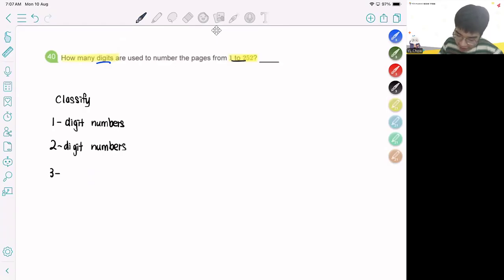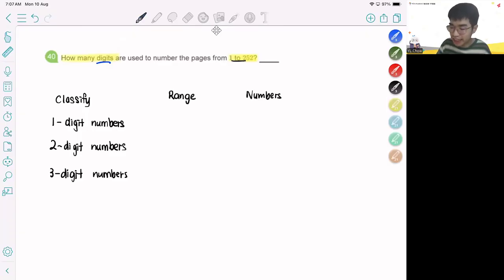I have three-digit numbers. And we need to find out where these numbers are, right? The range for them. We need to find out how many numbers there are or how many pages there are. And finally, we count or calculate how many digits there are for each category, for each class. So let's just go class by class, row by row to find the number of digits.